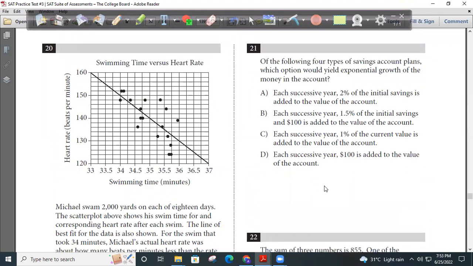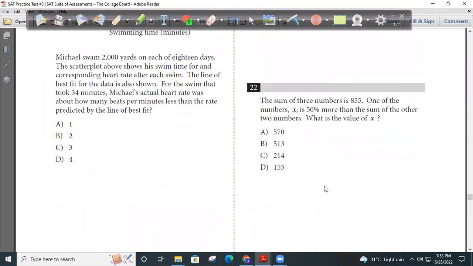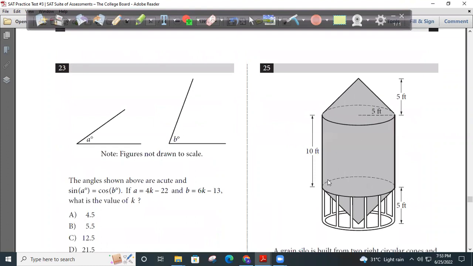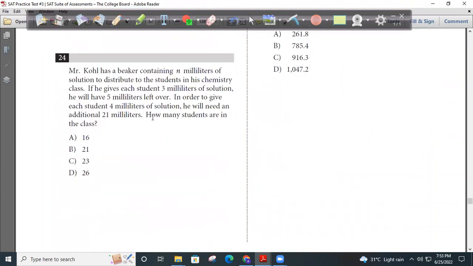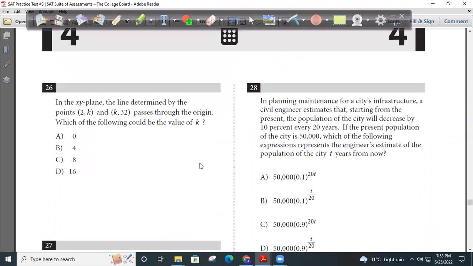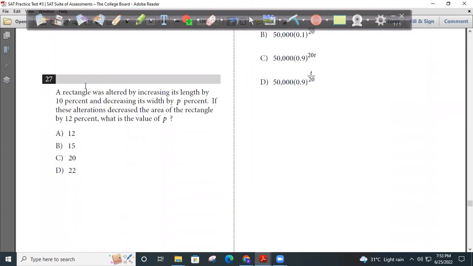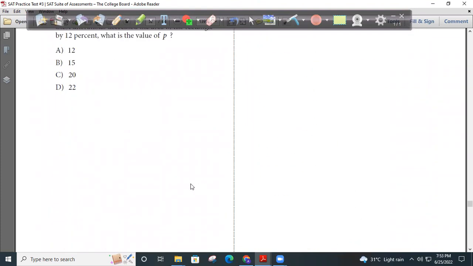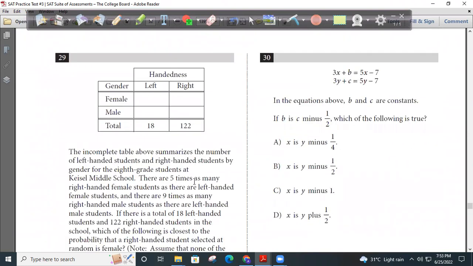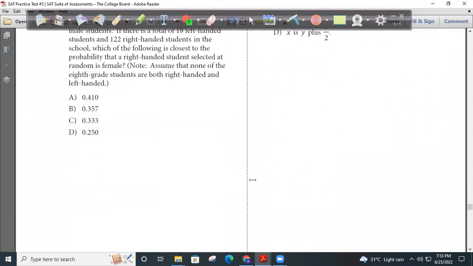No, this is line of best fit, exponential, linear growth. This is percentages. No, theory question. This is exponential. Rectangle, what is the value? Percentages question. This is probability.